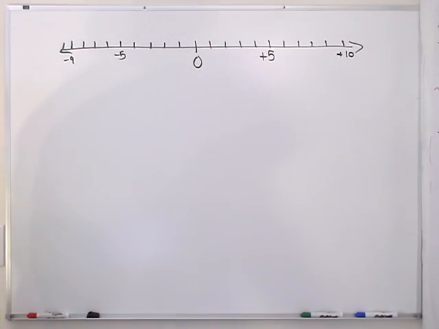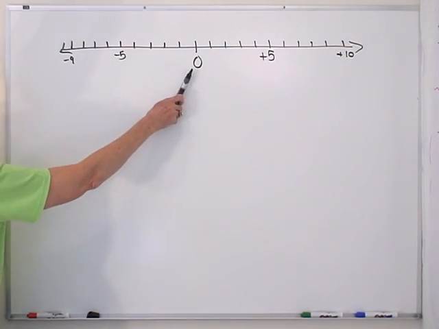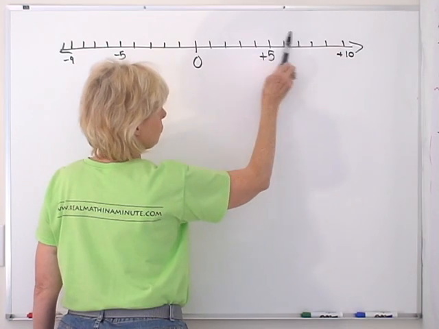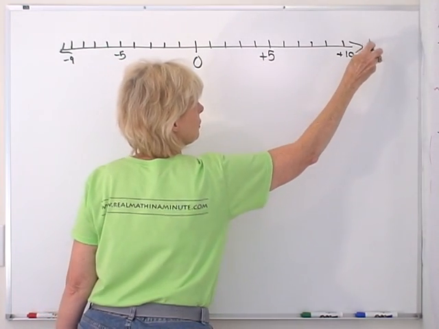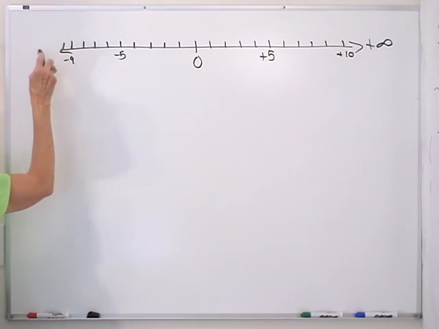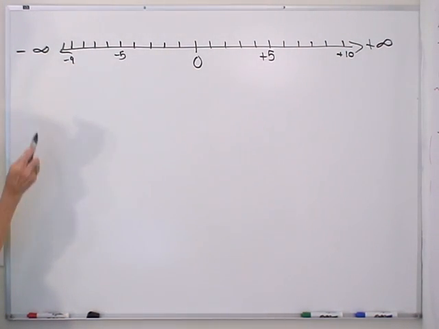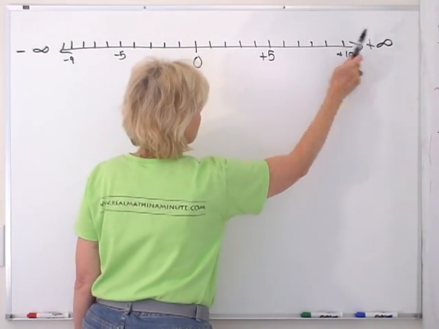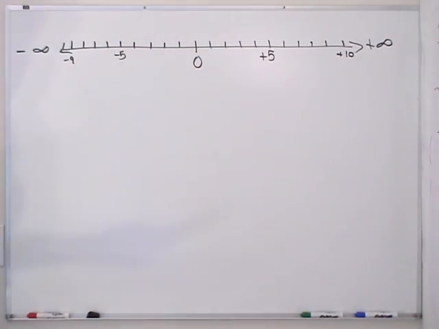Okay, here's our number line, and just to review, we remember that there's a zero, and then we have our positives, every positive number in the world going into positive infinity over here. And then we have our negatives this way going into negative infinity. And we remember that the numbers, as we move to the right, always get larger, and as we move to the left, always get smaller.